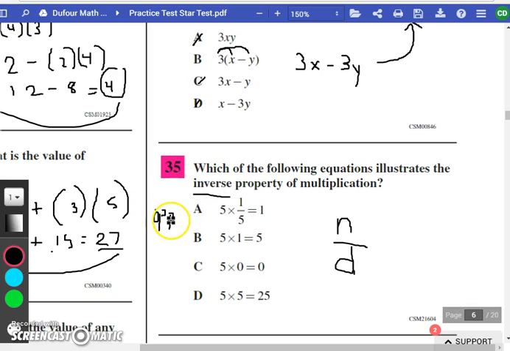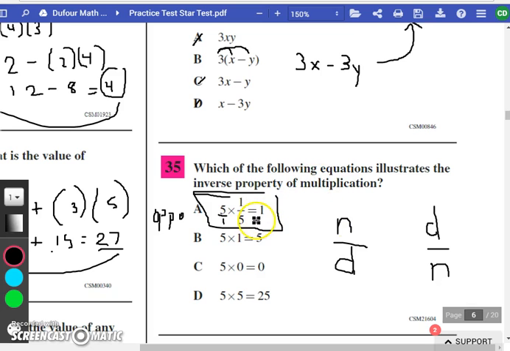Okay? So what we can do is just flip the numerator and the denominator. As you can see, the denominator is now on the top, and the numerator is on the bottom. So in this case, 5 over 1, if it is multiplied by 1/5, you can see 5 over 1 and 1/5 are inversely related.